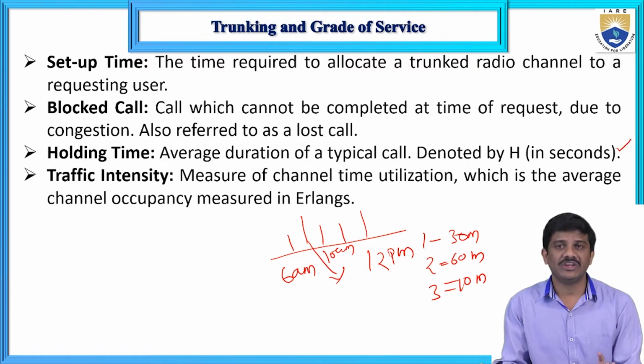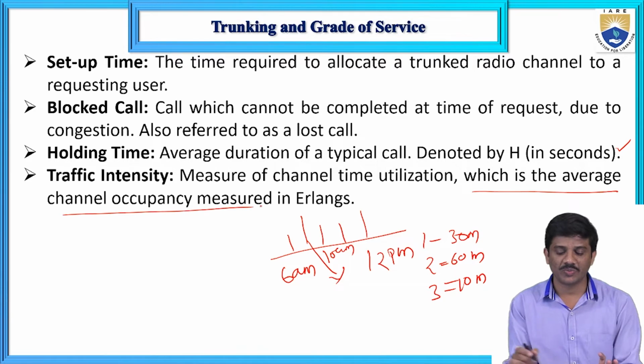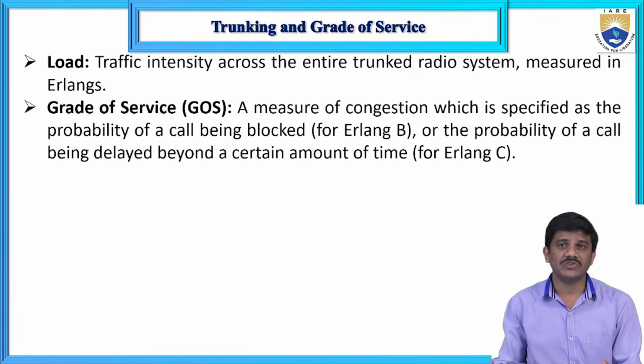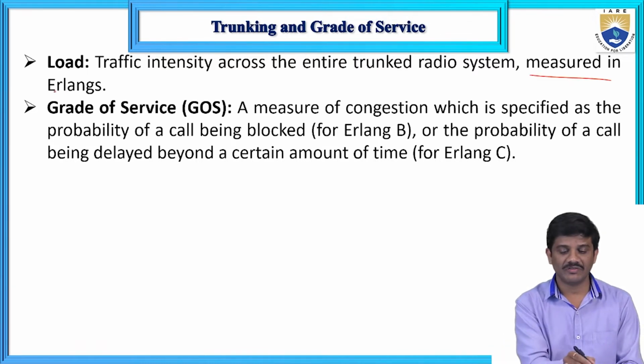Next, coming to traffic intensity, the measure of channel time utilization, which is the average channel occupancy measured in erlangs. That is the unit for the traffic intensity. And also coming to load, the traffic intensity across the entire trunked radio system, measured in erlangs. What is the load?